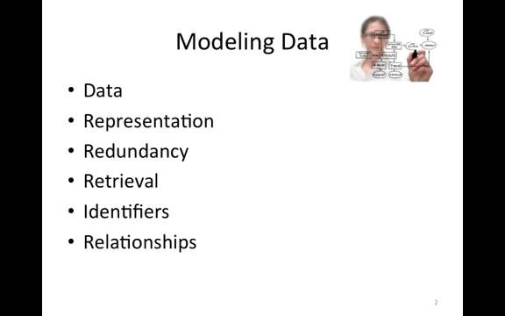If I have a name in the grading system and I have a separate name in the enrollment system, the probability that those names are going to get messed up is high. Addresses, phone numbers, any information that is stored in multiple places within an organization has the probability of getting out of sync.